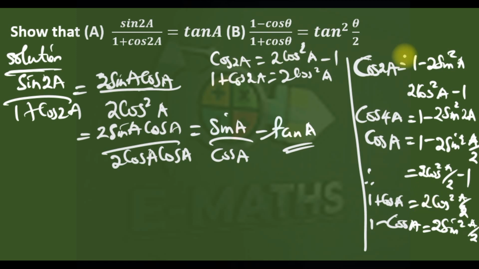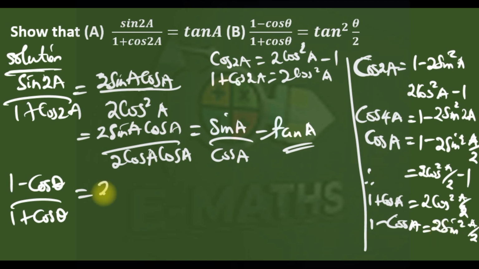So if you see, they are also based on double identity. So instead of writing 1 minus cos theta, I now replace it with 2 sine squared theta over 2, because they use theta here. Again, instead of writing 1 plus cos theta, I use 2 cos squared half theta.